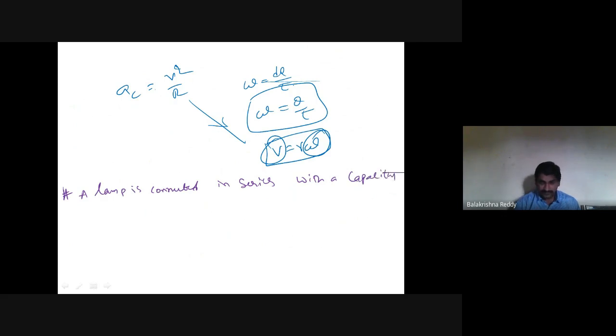Next, predict your observations for DC, for direct current, and AC connections. What happens in each case?